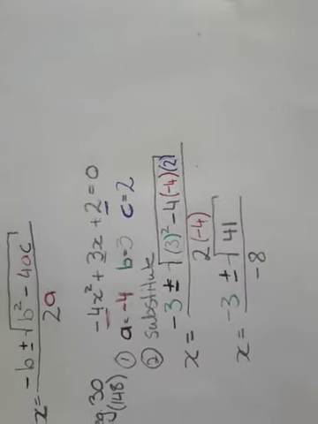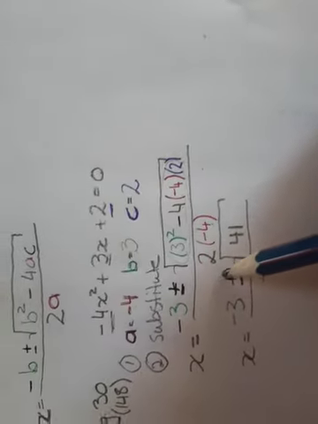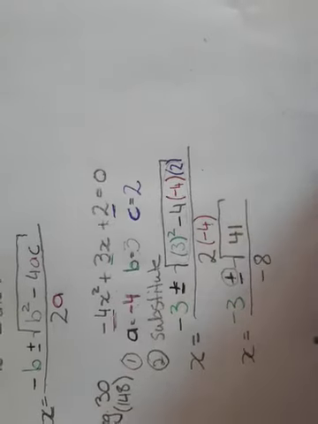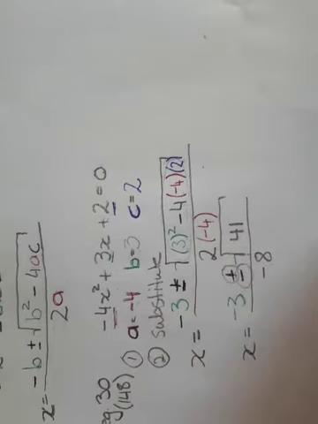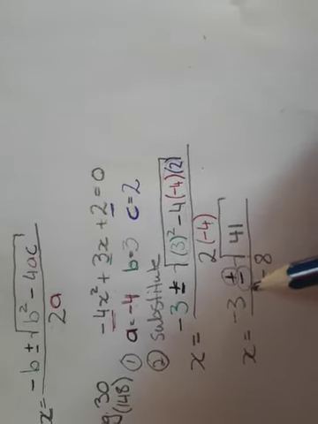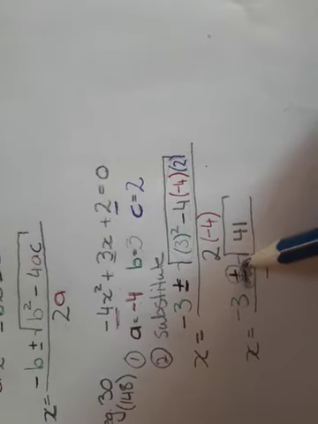Now, importantly, you will get 2 answers, because once you will use a plus for the square root, and the second time you will use a minus for the square root. So what you would do is to write that as 2 equations.